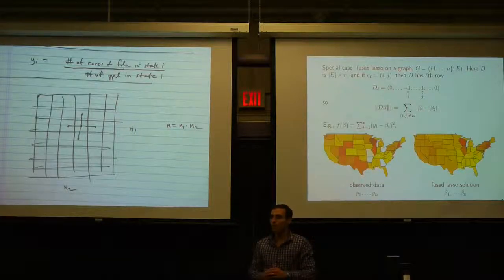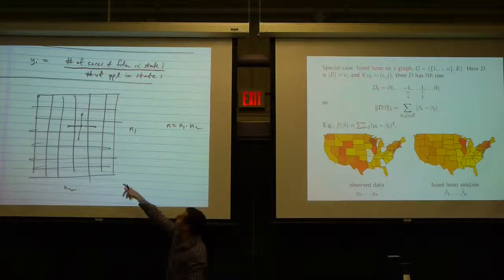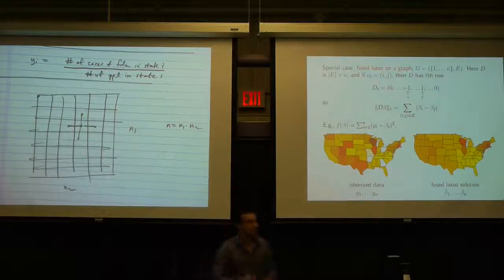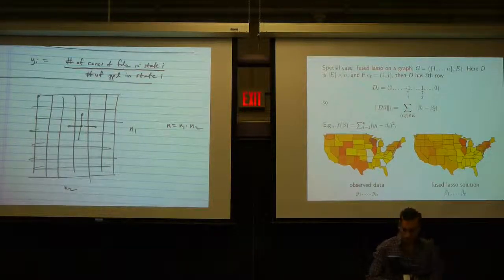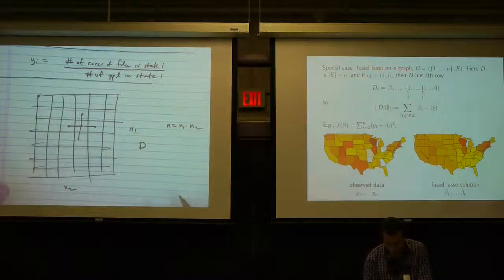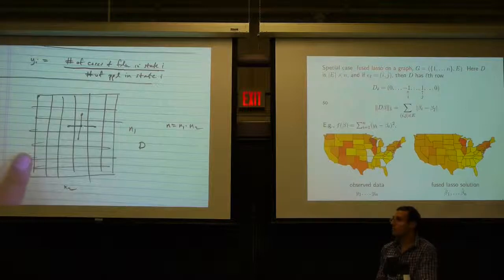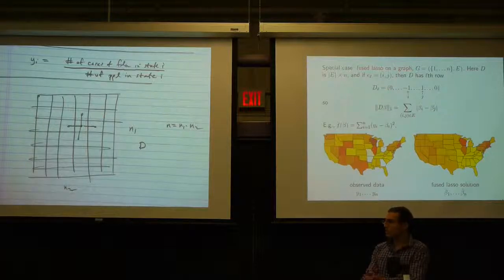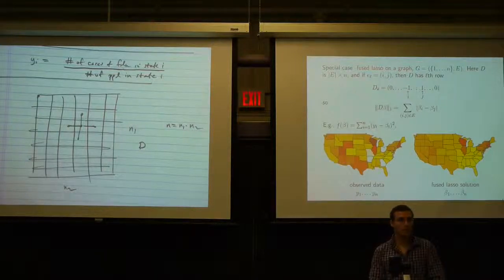It won't be exactly that, because this one has no pixel to the right of it, but about that. So this matrix D is formed by, again, just enumerating the edges defined by this image, and it has about 2 times n rows. And if I ran this problem with the grayscale values as the y values and choosing lambda in some way, it'll give me a piecewise constant representation of the image that you pass it.